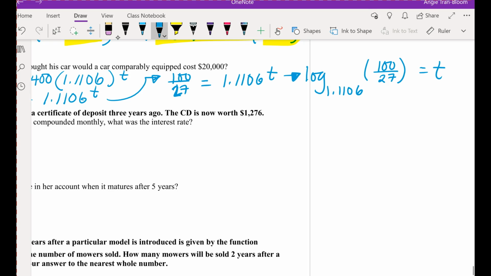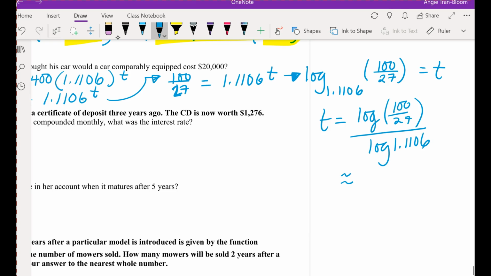Change of base. T equals log of what? 100 over 27. All of that is divided by log of 1.1106. Rounded to approximately 2 decimal places for me.